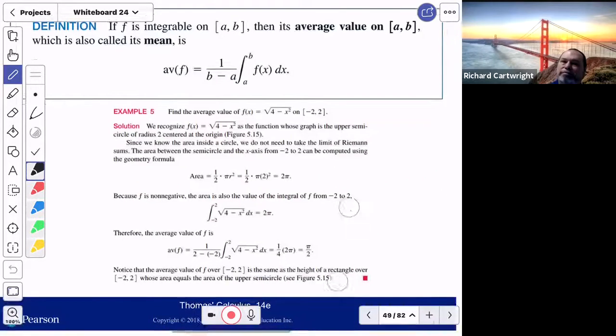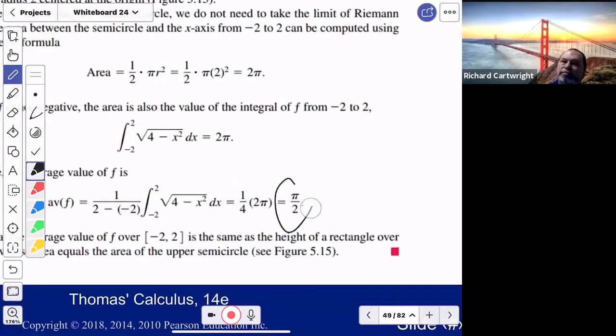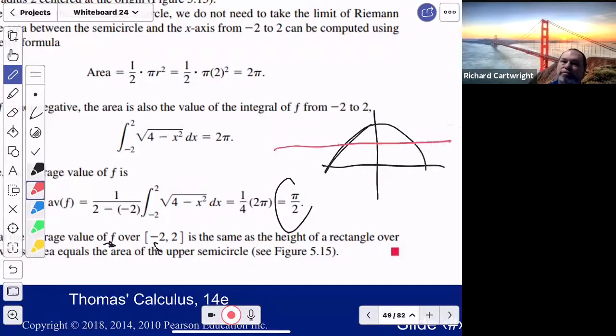Well, at least we're right. There it is. And so what does he say? The average value of the function f is pi over 2. So when I say average value of the function, it is this y value, pi over 2, that gives me the rectangle.